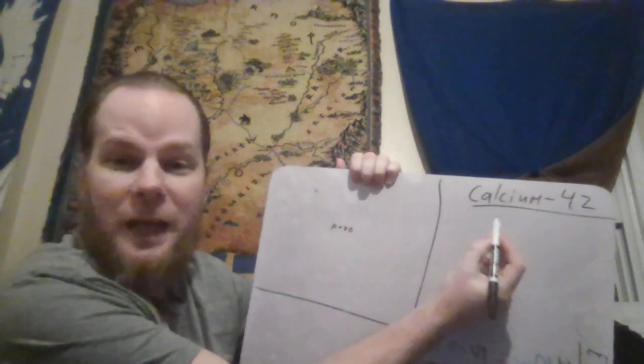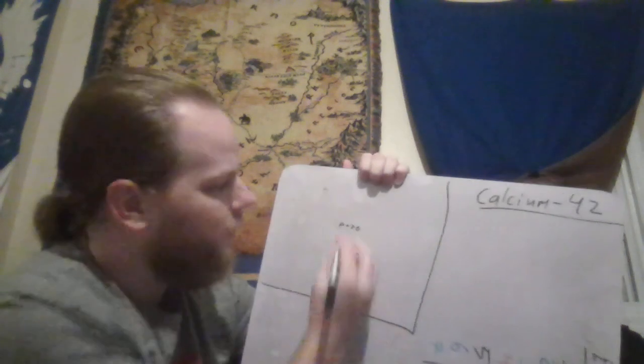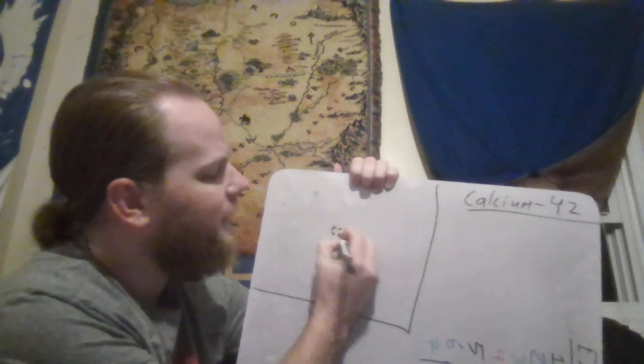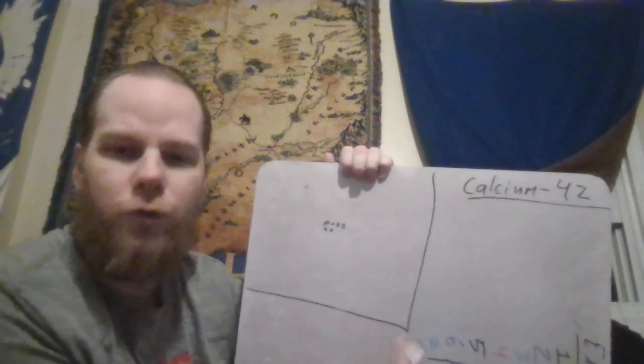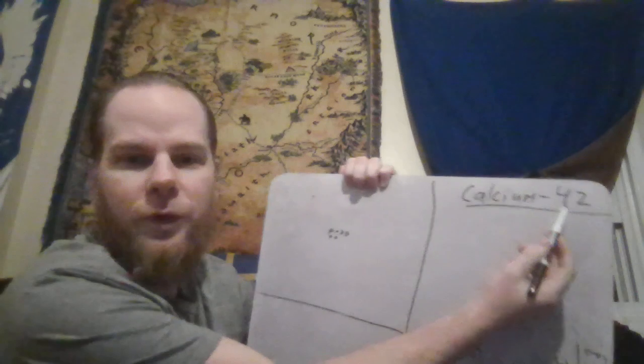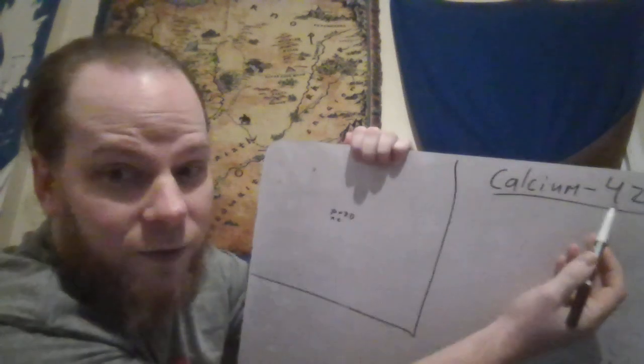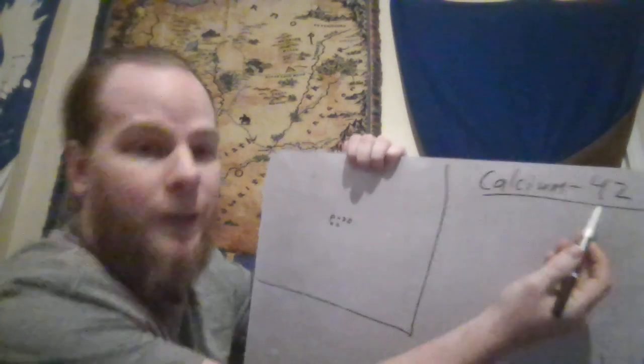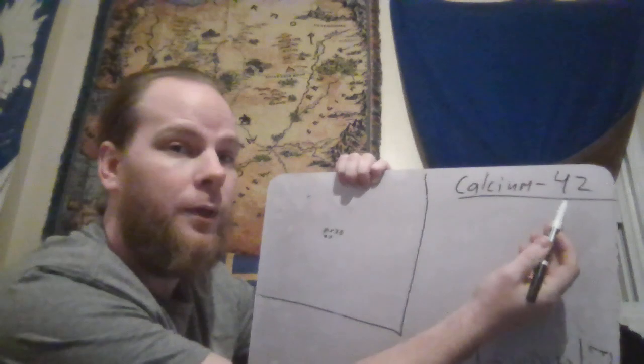Okay? Because calcium. Now, how many neutrons are there? Because right under P equals, we need N equals. Well, how many neutrons are there in this atom? How do we figure that out? Well, this number right here is not the number of neutrons, but it is the mass number.